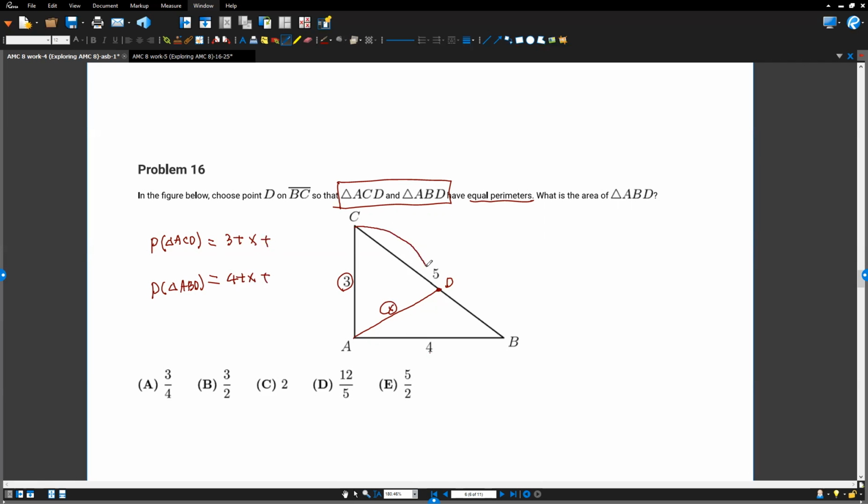But this third side, what is this? How can you find this?